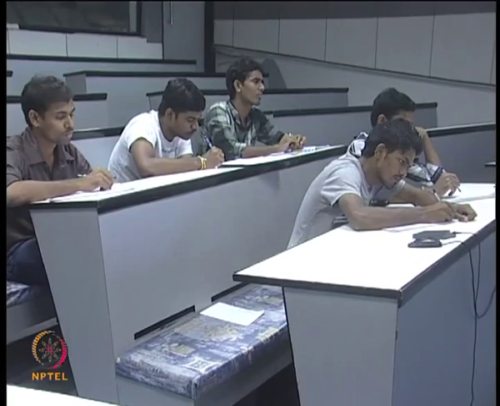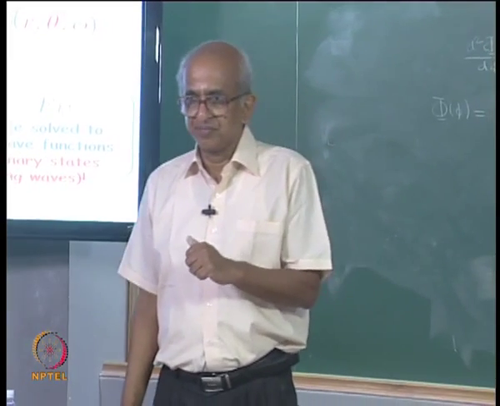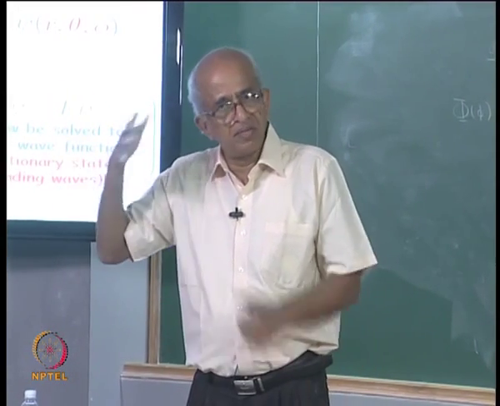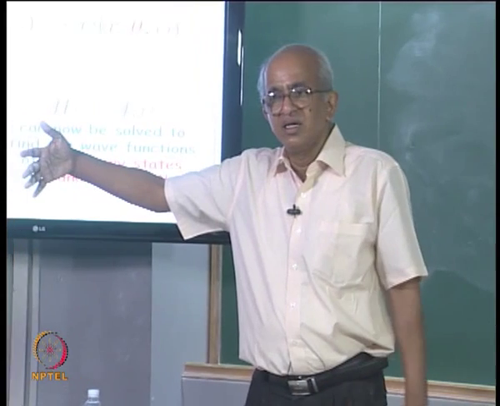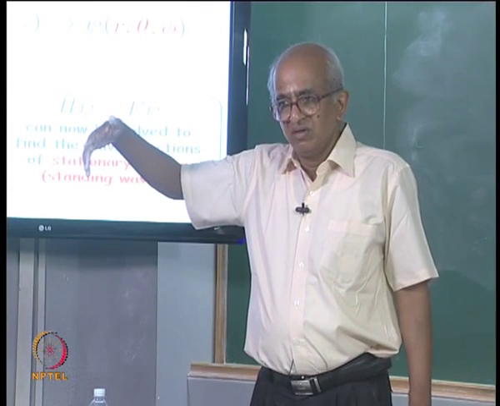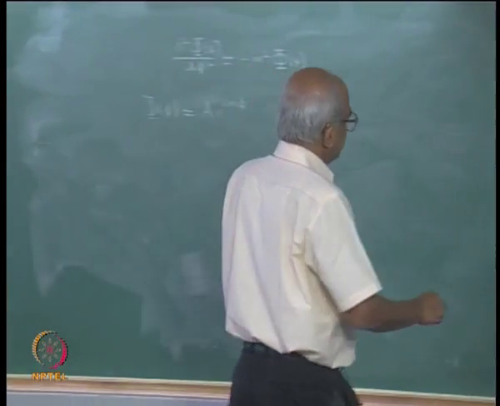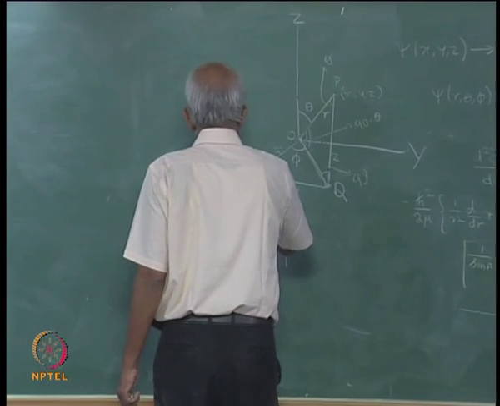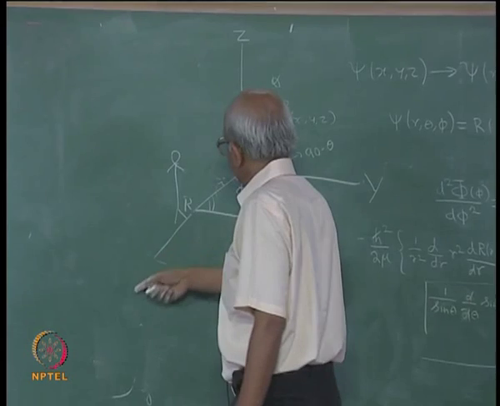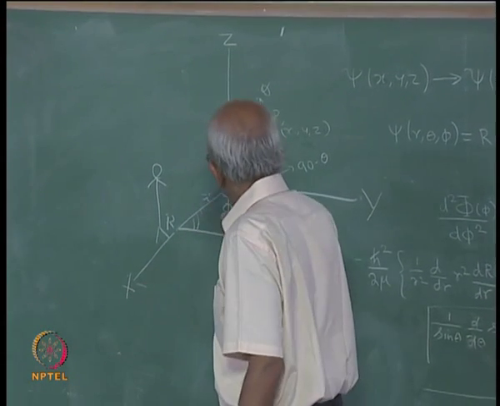But then the question arises whether this is an acceptable solution. See, suppose I am thinking of having my head, as I said, in the x z plane, but that is not very precise actually. Suppose I am standing somewhere here, this is me and here is my head. Okay, this is the positive x direction and that is the z axis.